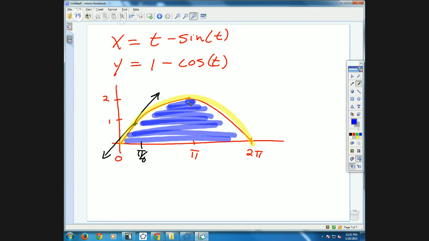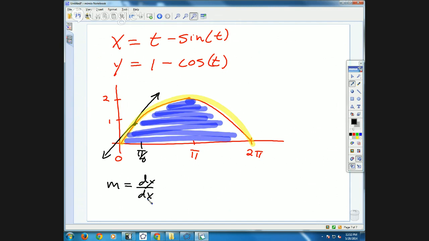Okay, so how do we find slope? Rise over run, right? In calculus, rise over run is dy over dx. Now, it turns out you can't do a substitution like we did earlier and rewrite the cycloid as a Cartesian function, so I can't take the derivative of y with respect to x.